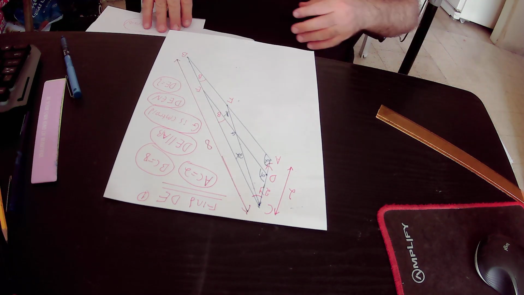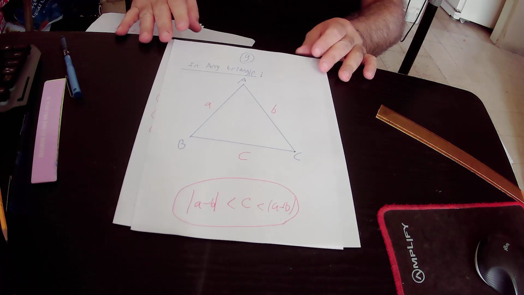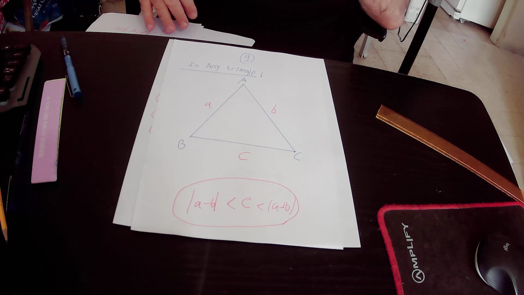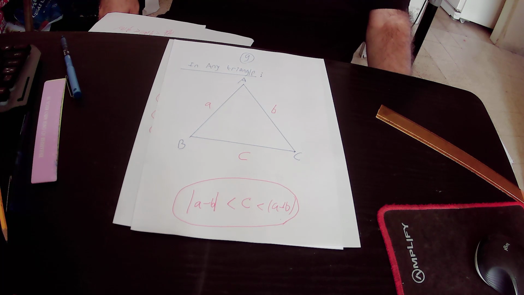Then we have the last rule, which is true in any triangle. The rule states that the sum of the lengths of two sides in any triangle is always greater than the length of the third side, but the difference between any two sides in any triangle will always be smaller than the length of the third side.